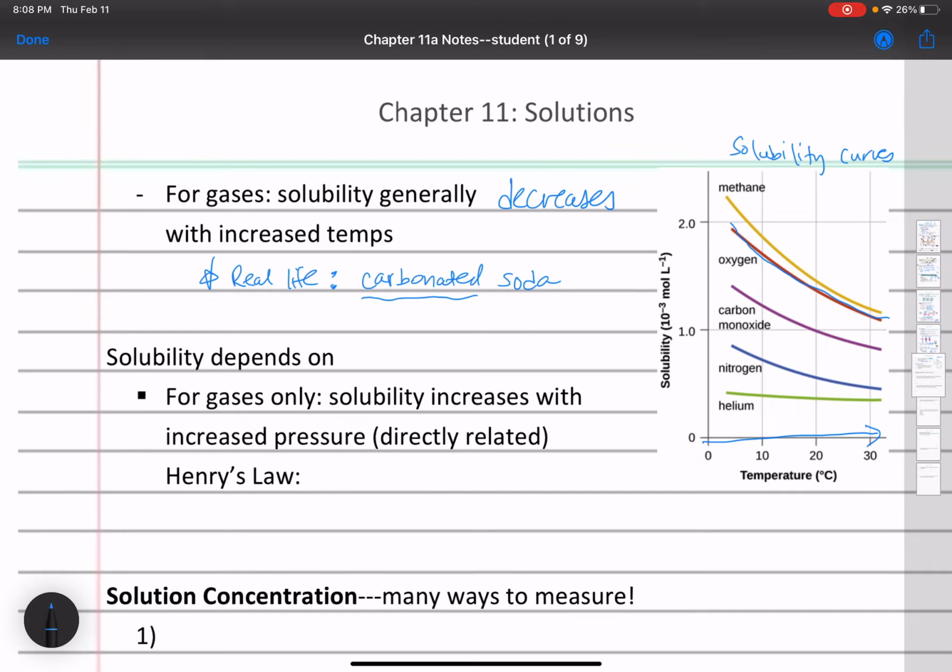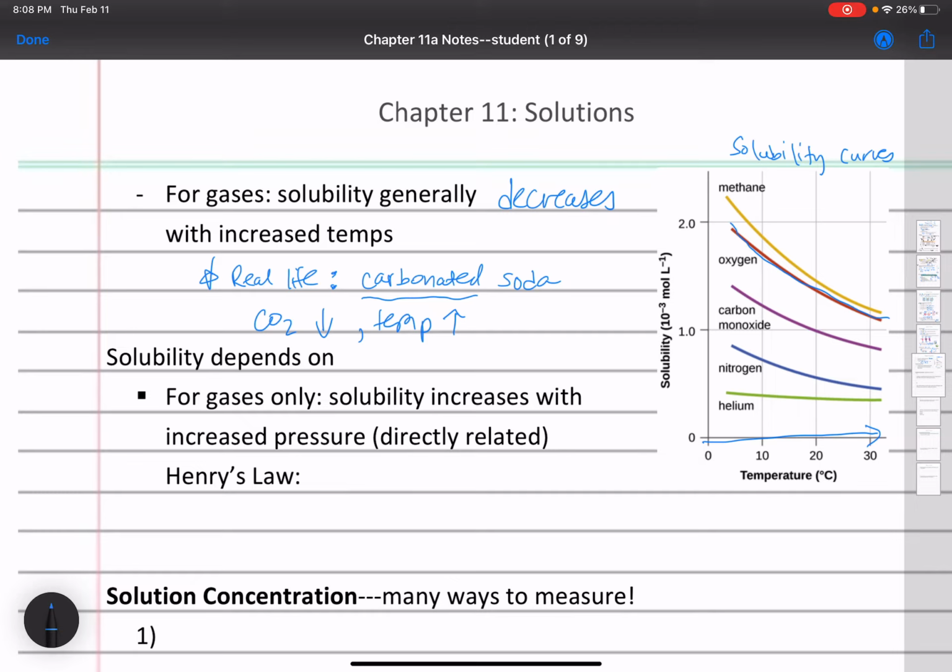So the solubility of carbon dioxide goes down as temperature goes up. So CO2 goes down as the temperature goes up. And that's why you want to keep your soda cold and not warm, unless you don't like the carbonation, and then warm it up as much as you want.